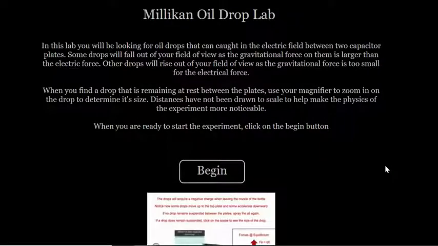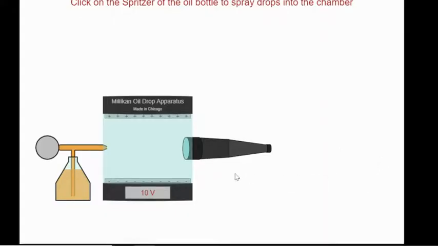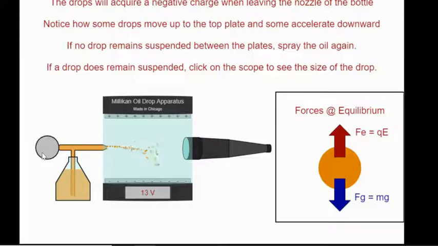We go to the lab and press begin. Now, to get the oil into the chamber, we press the bulb. Hopefully we get a suspended oil drop, and that suspended oil drop comes with a voltage of 13 volts.